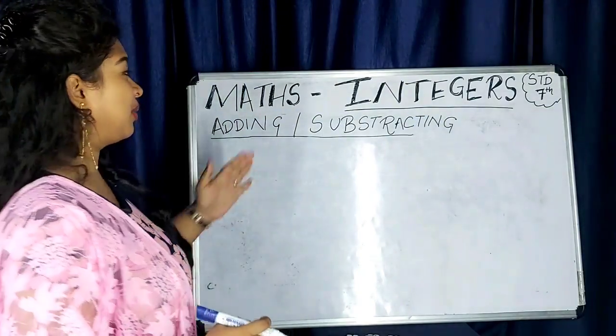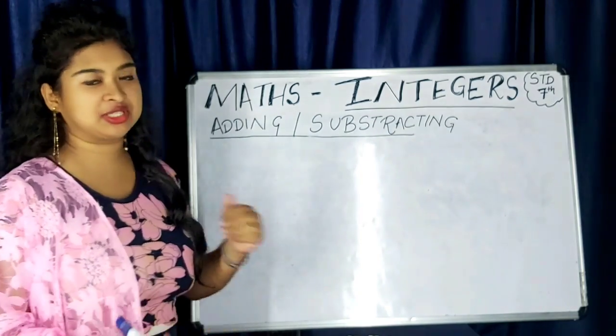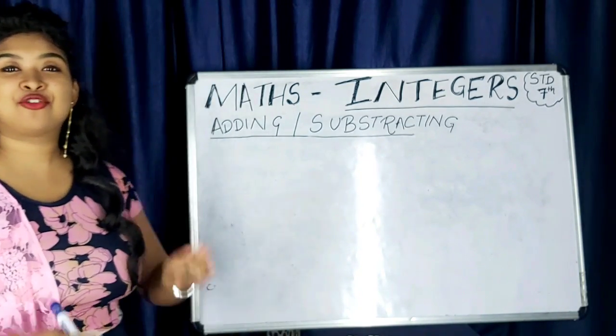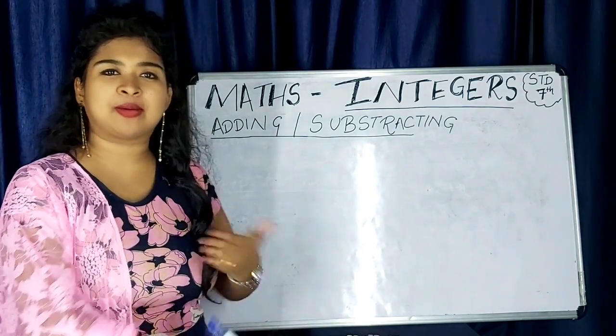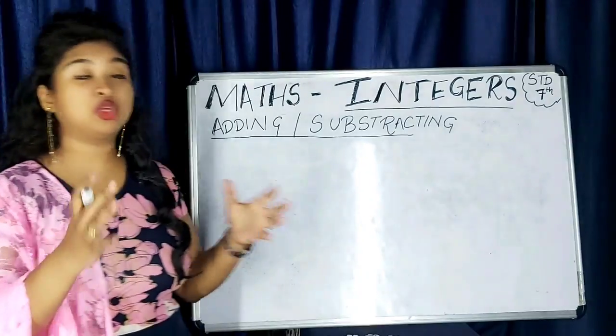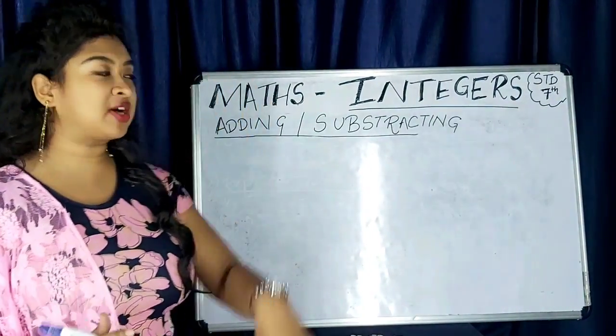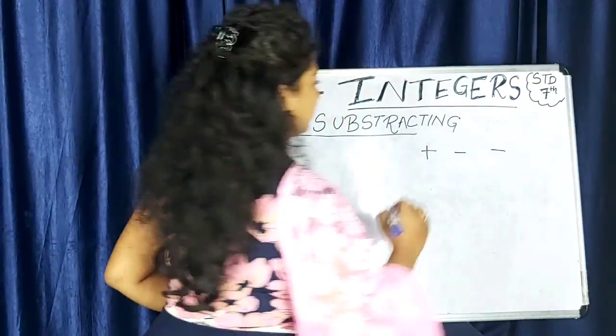Okay, so now we are going to learn subtracting and adding in integers and how we are going to do that. So there are 4 major rules in that. इसमें अगर आप ये जान जाओगे तो आप चाहे जितने भी बड़े numbers हैं, how much ever big numbers you get, and you will be able to solve that. So first is plus minus minus.